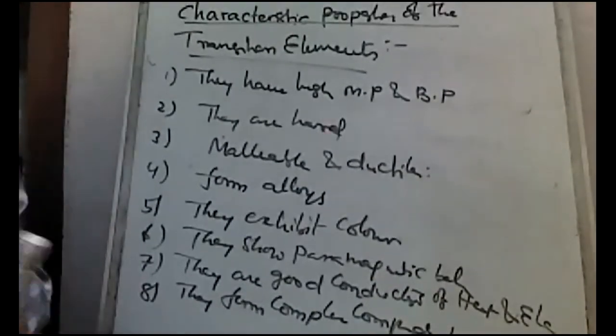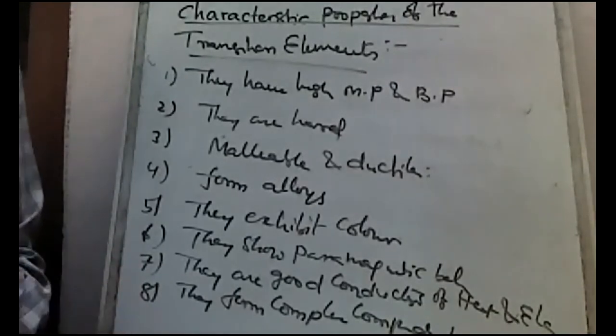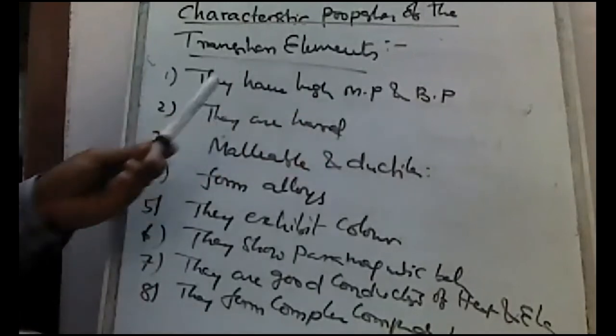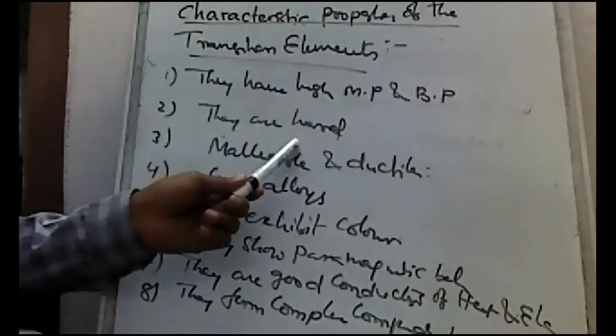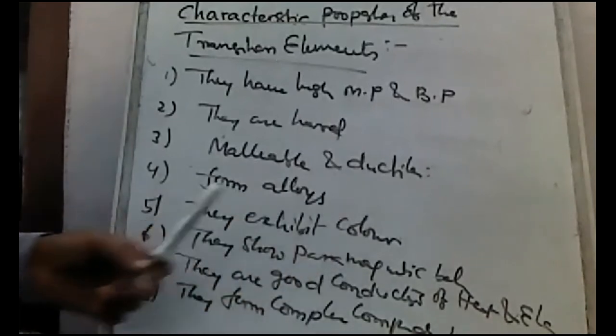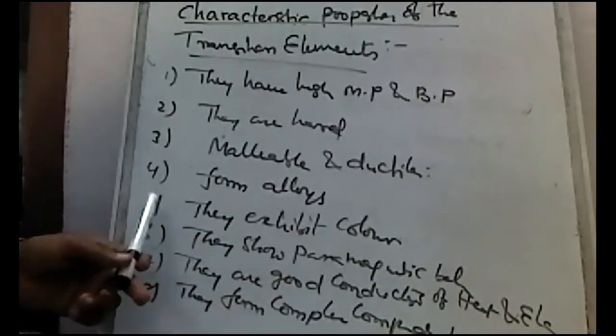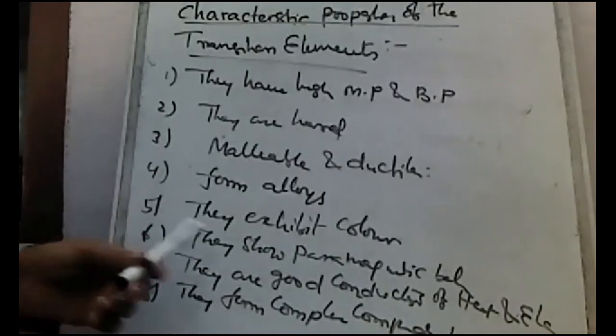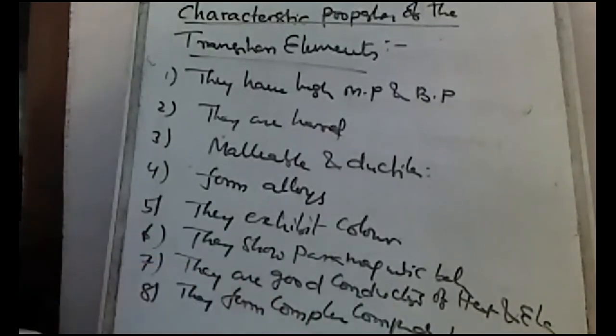You see, these are some characteristic properties of the transition elements. They have very high melting points and boiling points. They are very hard. They are malleable and ductile. They form alloys. They exhibit color. They show paramagnetic behavior. They are good conductors of heat and electricity. They form complex compounds or coordination compounds.